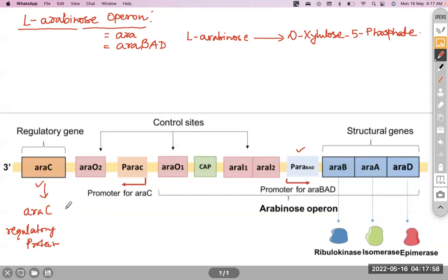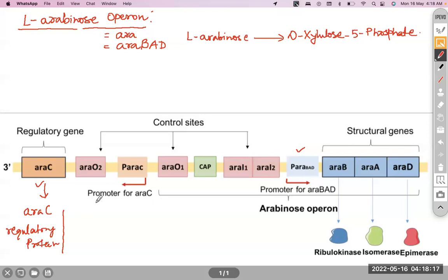In addition to this, there is one more regulatory element which regulates this operon negatively or positively.